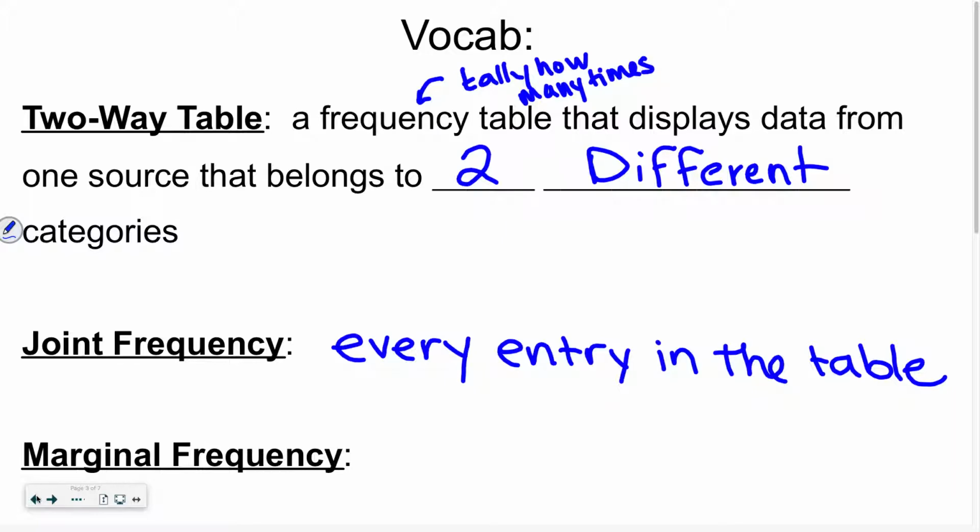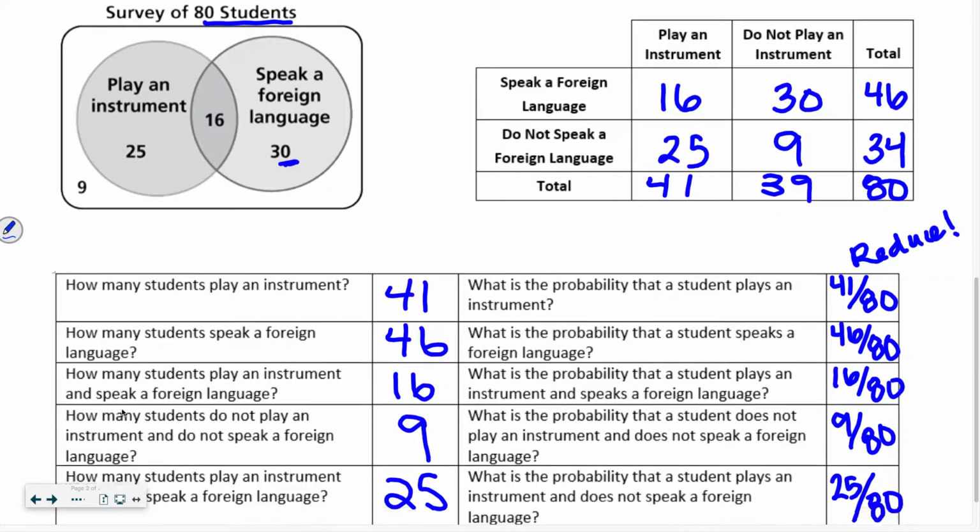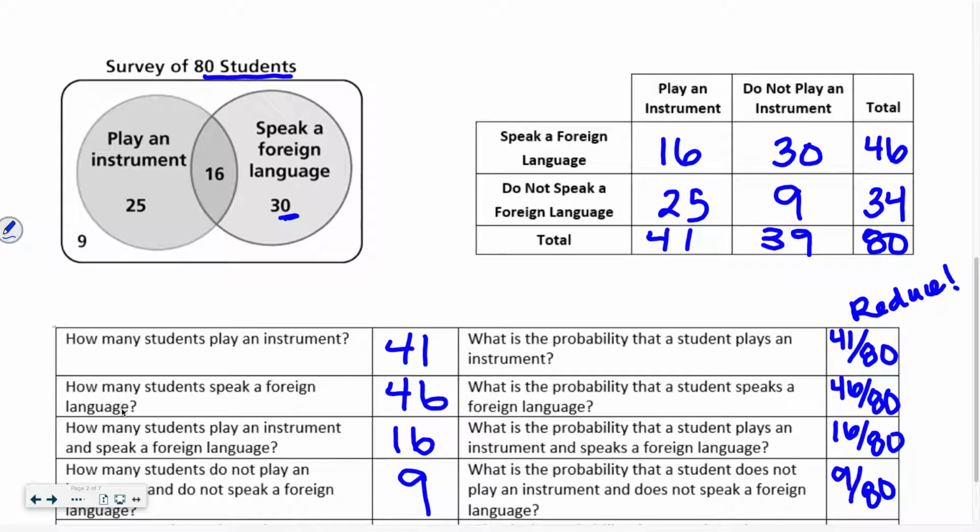So when I'm talking about every entry of the table, here's my two different categories. The instrument is a category, and you can either play the instrument or not play the instrument. My other category is the foreign language. So I either speak the foreign language or I don't.